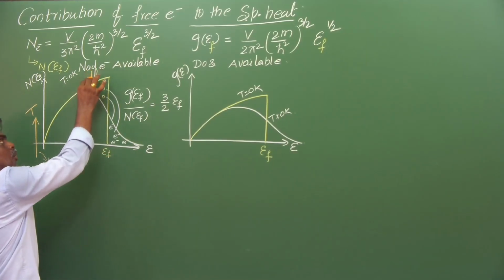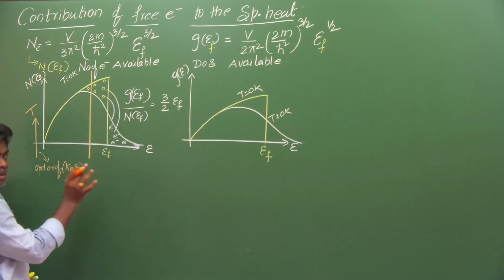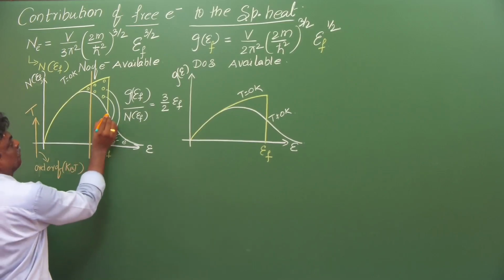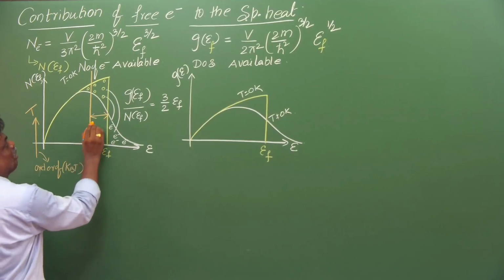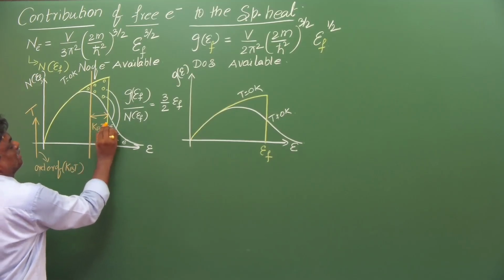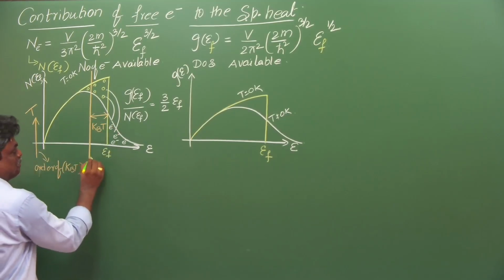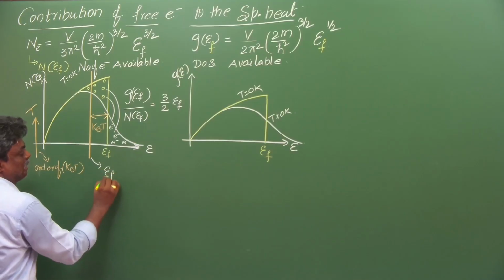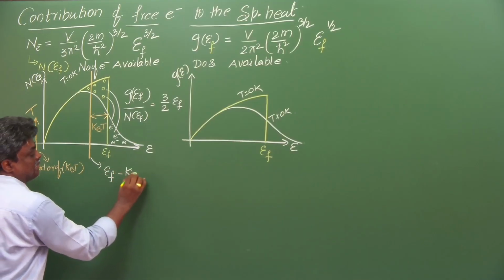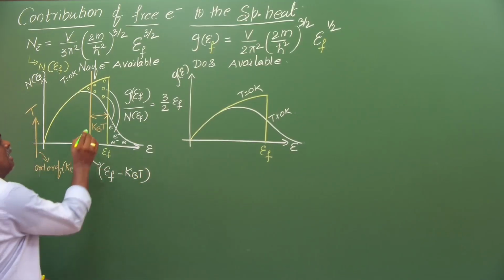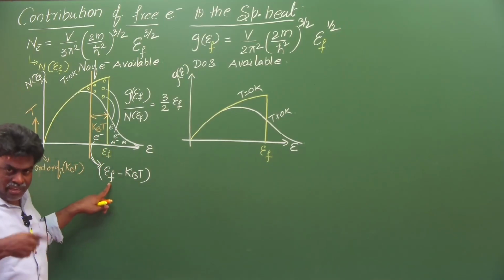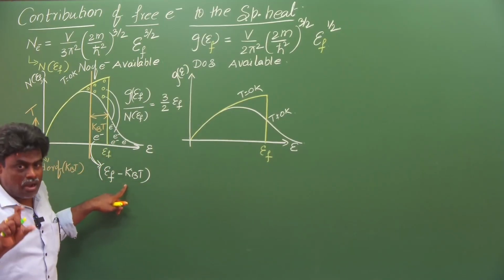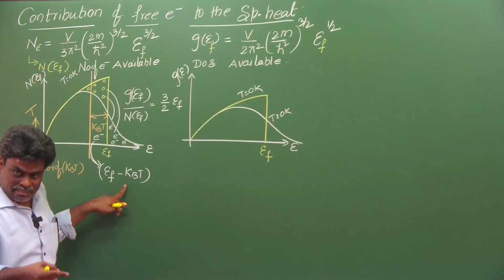Only those electrons which are below the Fermi level by the order of kBT. That means this energy order is EF minus kBT. So the electron having the energy of order EF minus kBT.